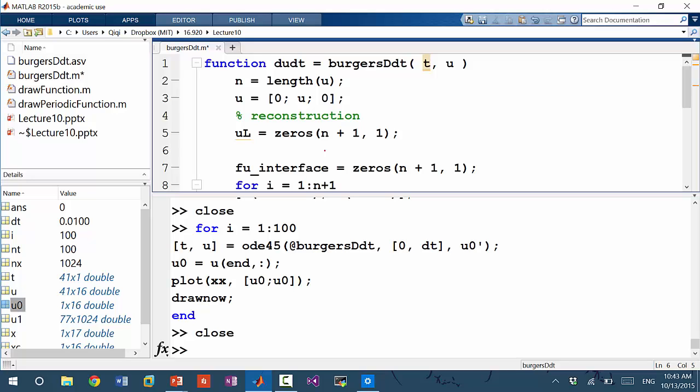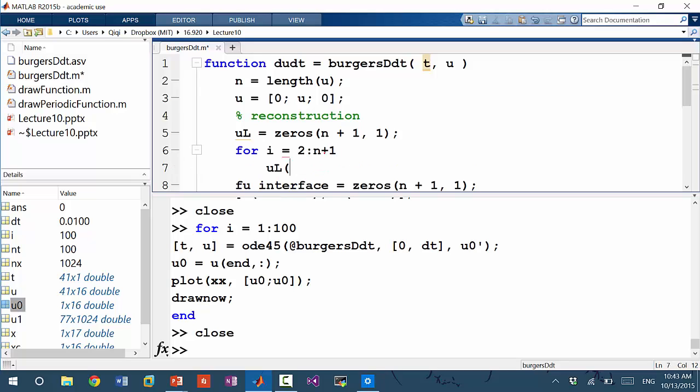But now from the second one, we want to do reconstruction. So UL from the second to the end. Okay, let's do for I equal to 2 to n plus 1.